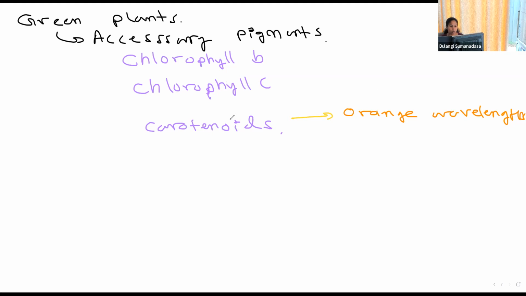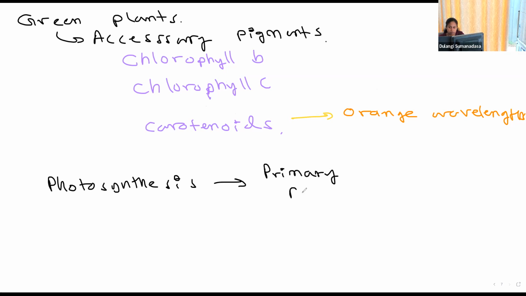So the total photosynthetic output is the contribution from the primary pigment plus the accessory pigments. This is important. The photosynthetic output, or the glucose production, depends on the absorption from the primary pigment, but it is not just the primary pigment; there are contributions from the accessory pigments as well.